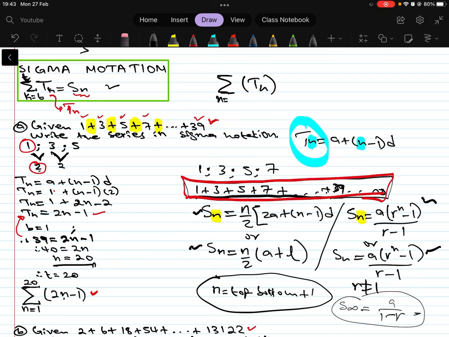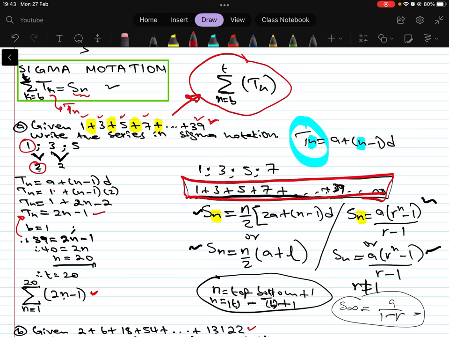You start with n equals B, where B is for bottom, and T is for top, up till T. So when they say represent in sigma notation, they basically mean write the series in this form.